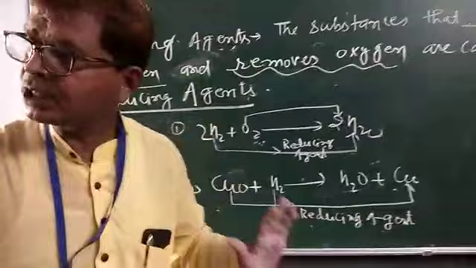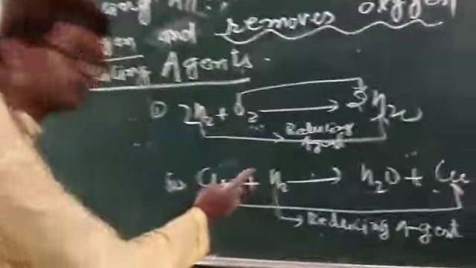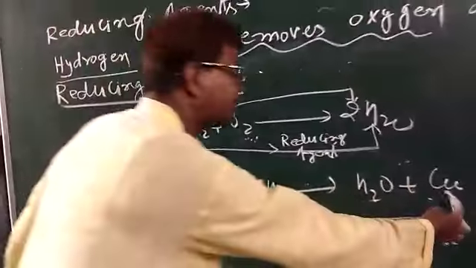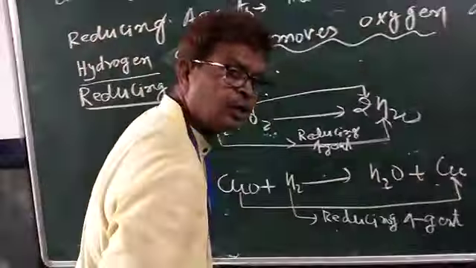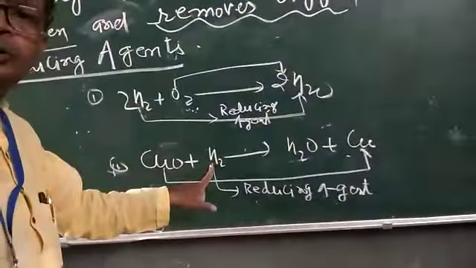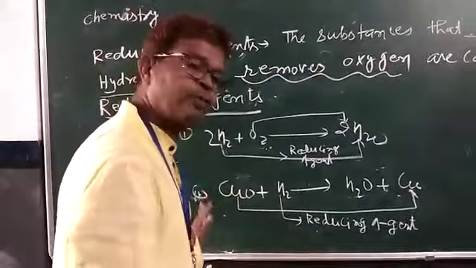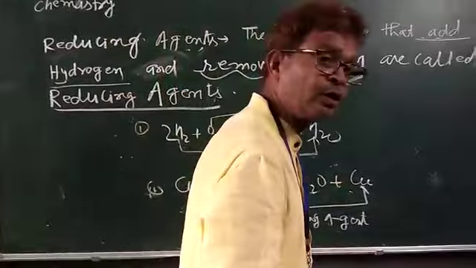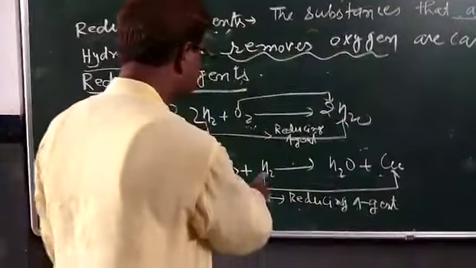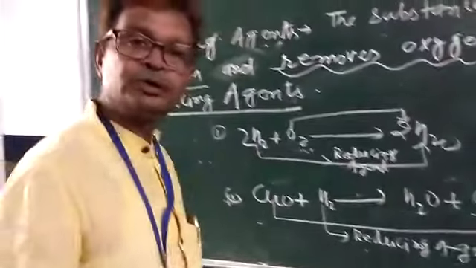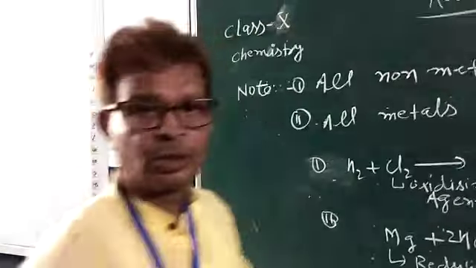See the second one cautiously. Which substance removes oxygen from cupric oxide? Naturally, hydrogen removes oxygen from cupric oxide to get copper. So in the second reaction also, H2 will be the reducing agent.